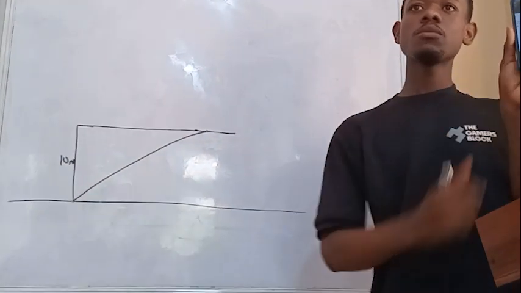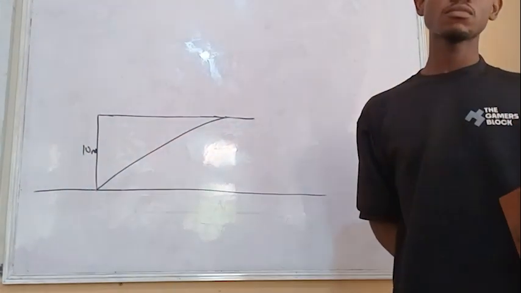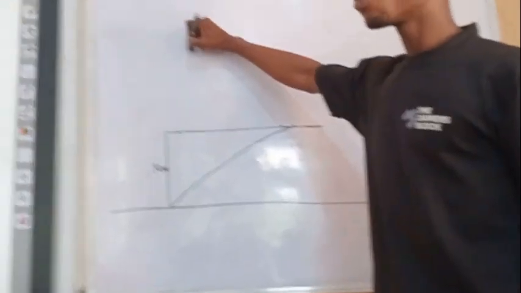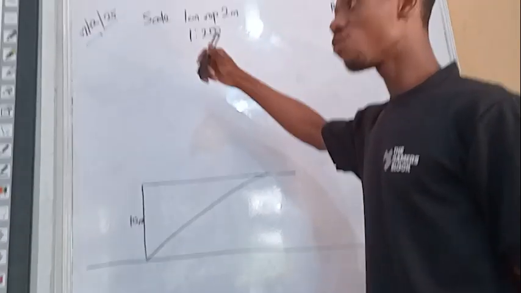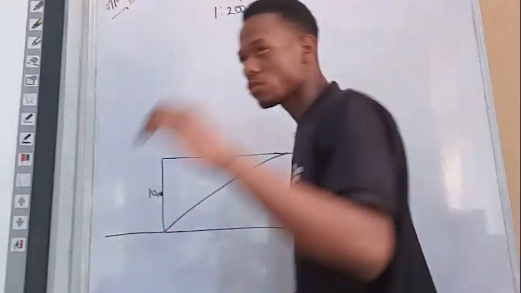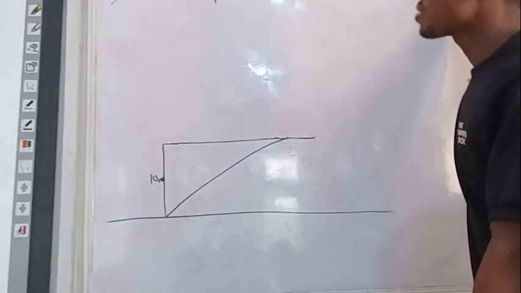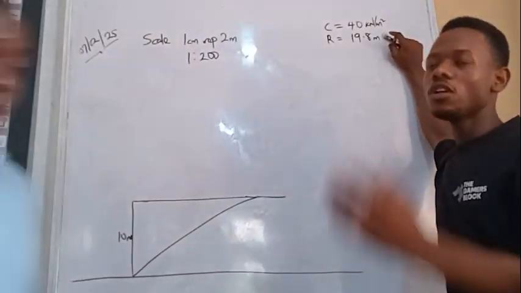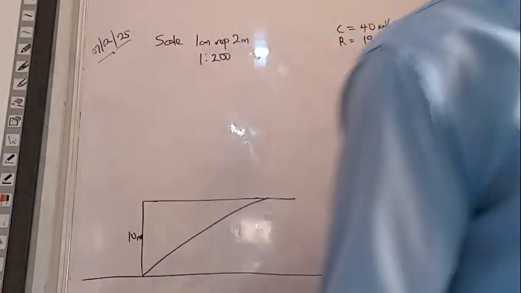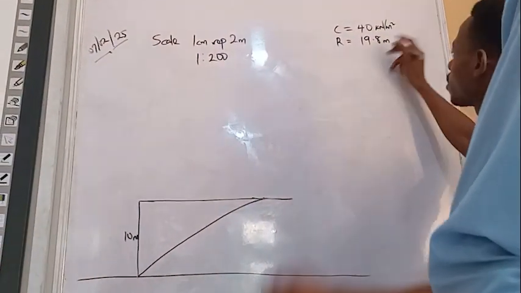It's in the diagram. The point of rotation is needed so that we can get our angle of rotation. The radius given in the question is 19.8 meters. So with that scale, it's going to be 9.9 centimeters. Just divide by 2.